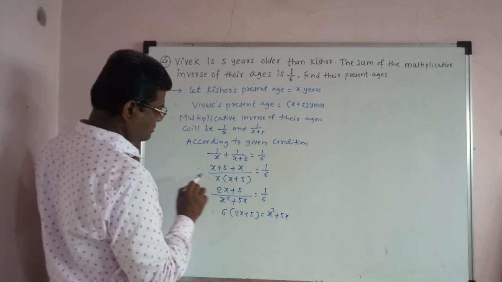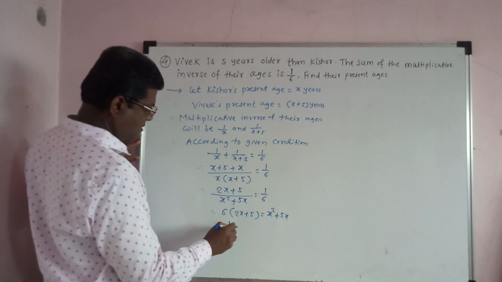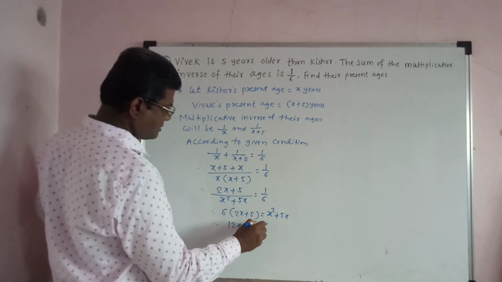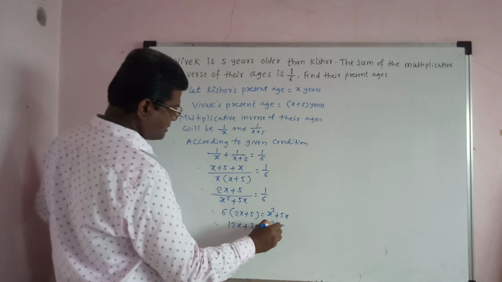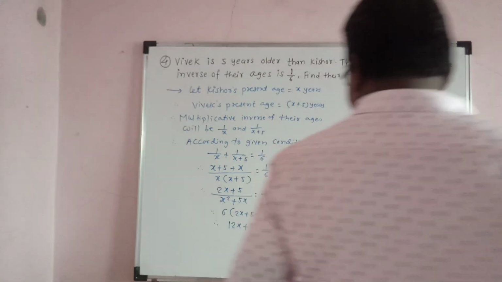Therefore 6 into 2x, that is 12x, plus 6 into 5, 30, is equal to x square plus 5x. Write this equation in standard form.